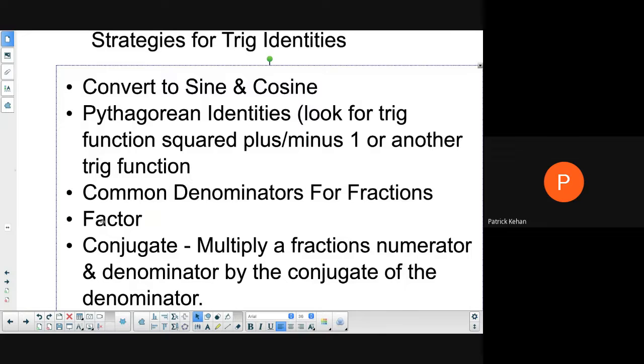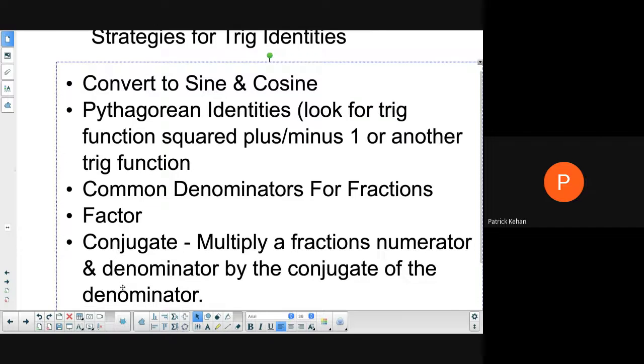So when you're trying to simplify and you have a fraction, and you're not really sure what to do, maybe everything's already in sines and cosines, one thing you can do is multiply a fraction's numerator and denominator, which is really multiplying by 1, but in the form of the conjugate of the denominator. So we're going to multiply the numerator and denominator of a fraction by the conjugate of the denominator of that fraction. So what does that look like?